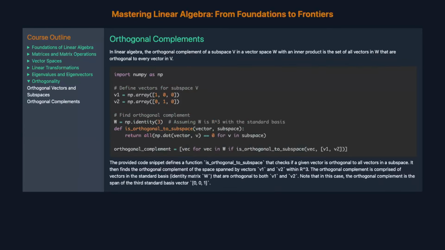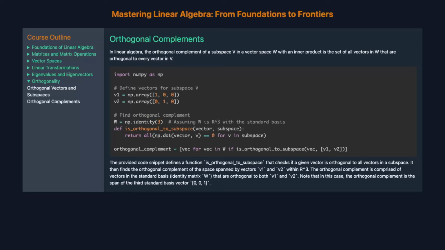Orthogonal complements. In linear algebra, the orthogonal complement of a subspace V in a vector space W with an inner product is the set of all vectors in W that are orthogonal to every vector in V. The provided code snippet defines a function is_orthogonal_to_subspace that checks if a given vector is orthogonal to all vectors in a subspace.